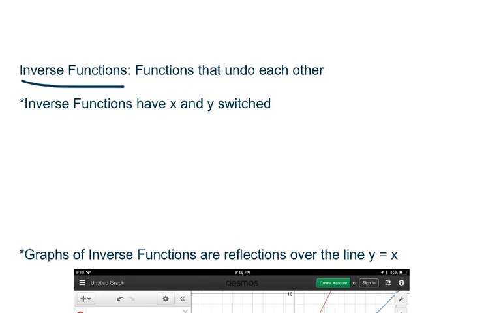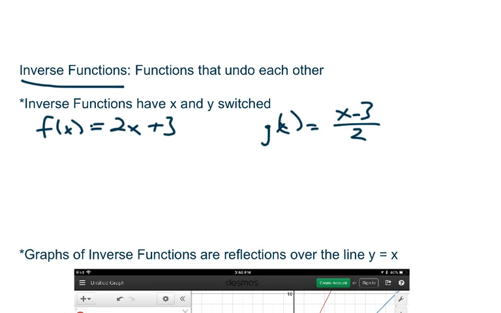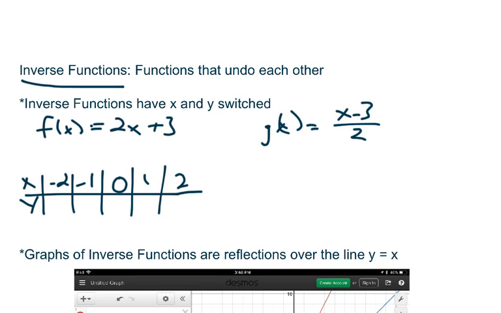So if I gave you f of x equals 2x plus 3, and then I gave you g of x equals x minus 3 over 2, what you would find, if you did an xy table for this one, with -2, -1, 0, 1, and 2, is that your y values here would be -1, 1, 3, 5, and 7.